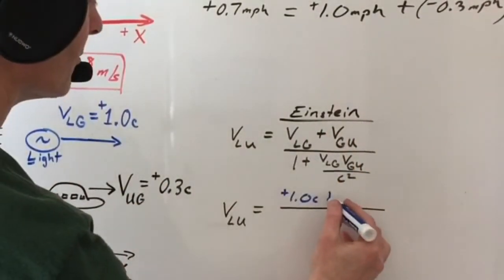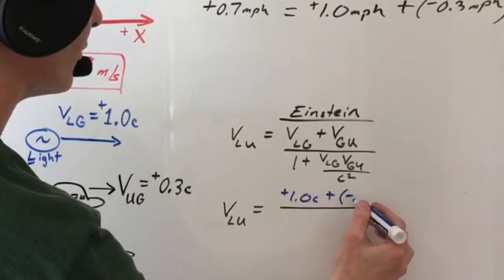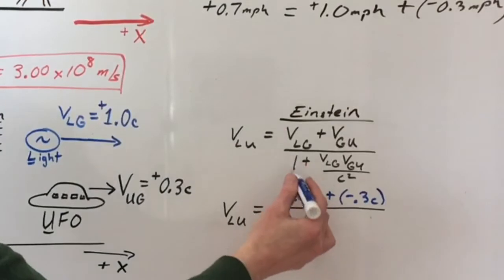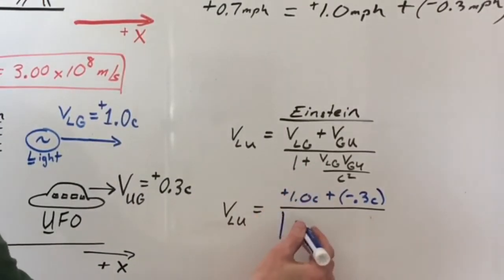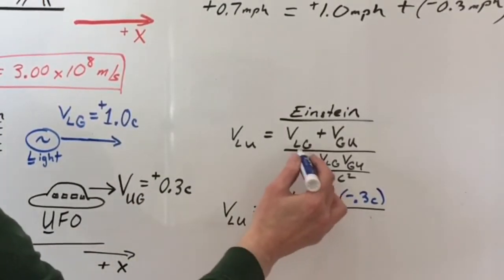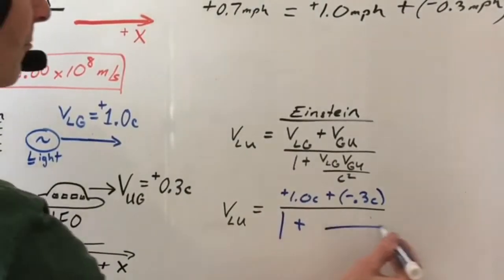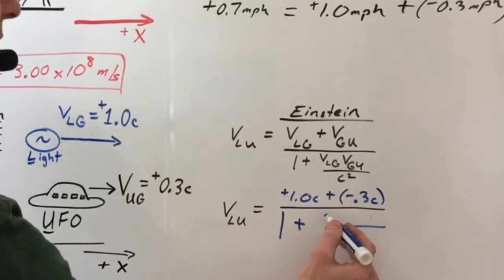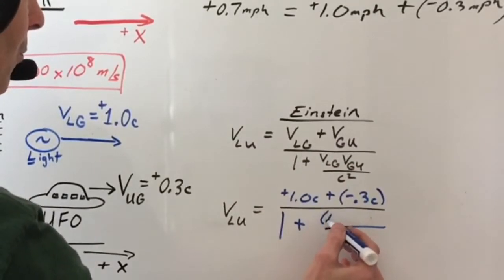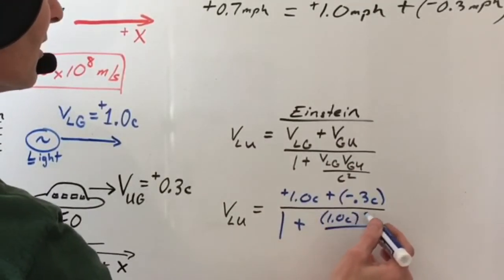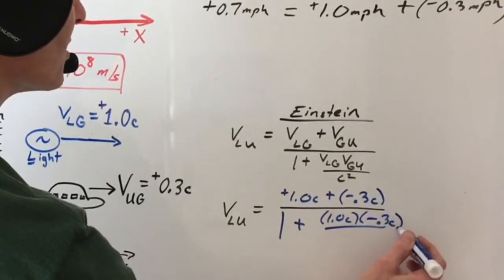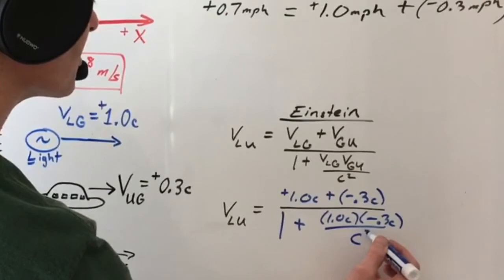So I've got plus a negative 0.3 c. And then in the denominator, I've got 1 plus. Now these same velocities go here as they were here. So this one goes there, this one goes there. So I've got 1.0 c times minus 0.3 c all over c squared.